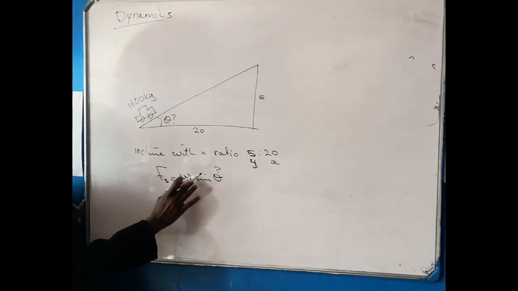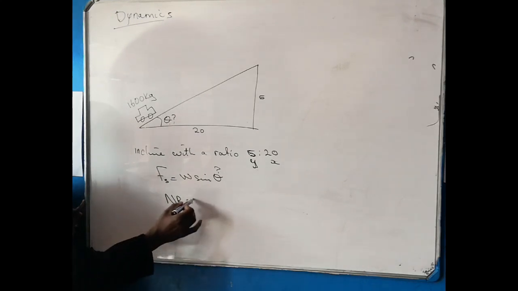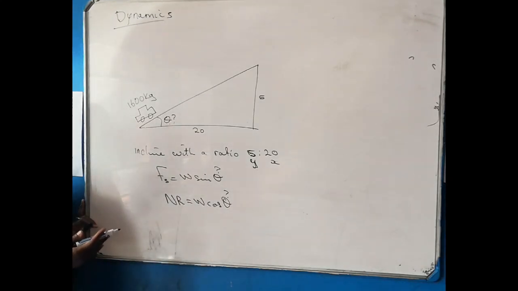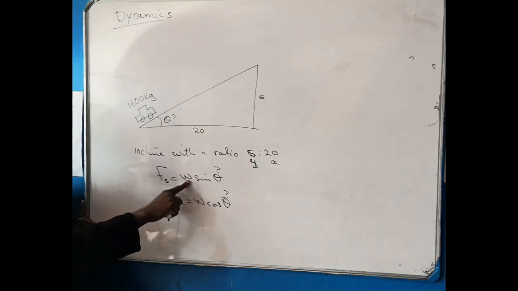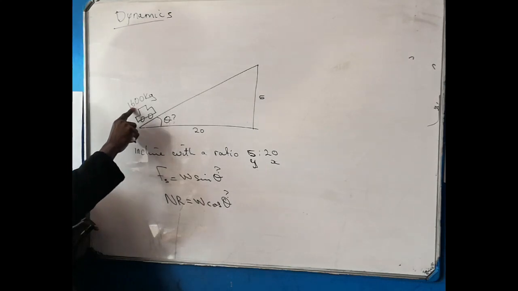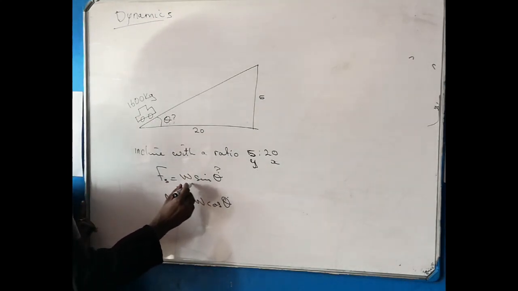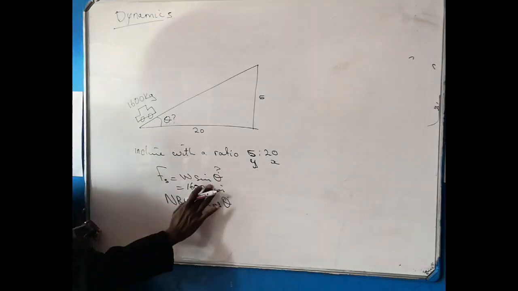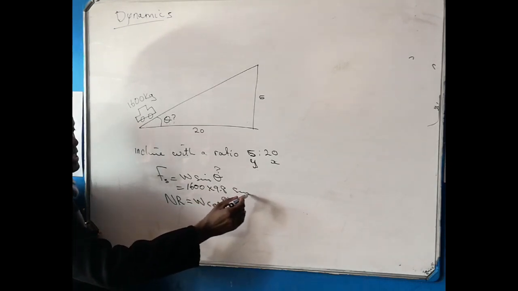Therefore, if you are calculating the normal reaction, remember it will be the weight times cos theta. You still need to know how much theta is. But keep in mind, I'm using the weight, not the mass. We won't say 1,600 then sine theta. We say 1,600 multiplied by 9.8, then sine theta.